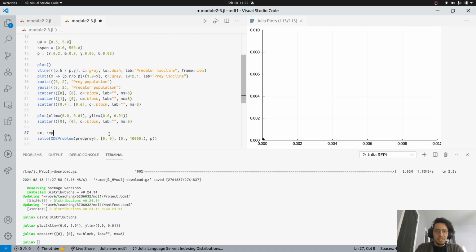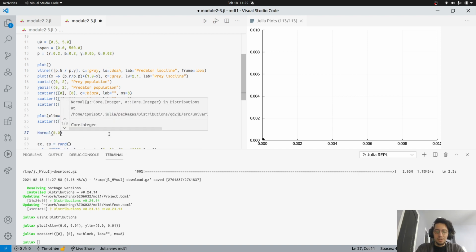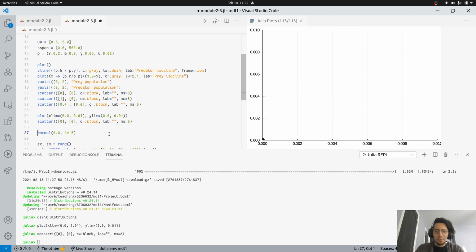We'll do epsilon x, sorry, it's var epsilon, and epsilon y. They're going to be two random numbers that we take from a normal distribution. The distribution that we're going to use for this example is a normal distribution. It's going to have a mean of 0 and a standard deviation of 10 to the minus 5, I don't know.